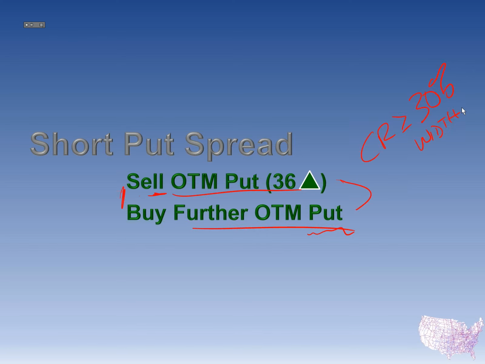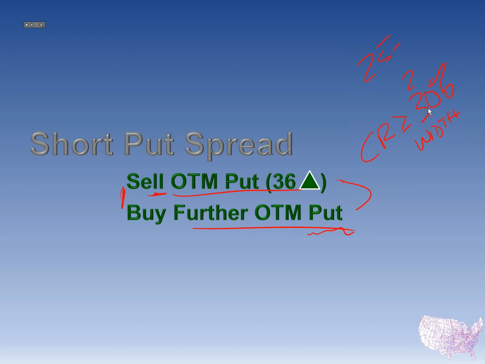It doesn't matter if you're using a $5, $4, $3, $2 wide spread, or a $1 wide spread. If it's a $1 wide spread, what's the collection you want? 30 cents. Really, it's 25.